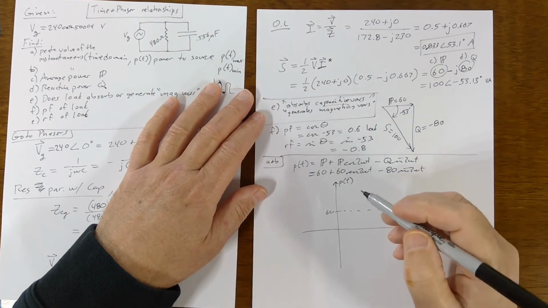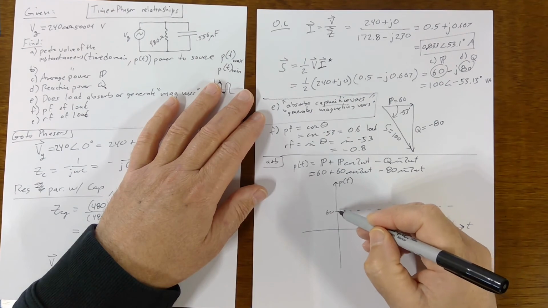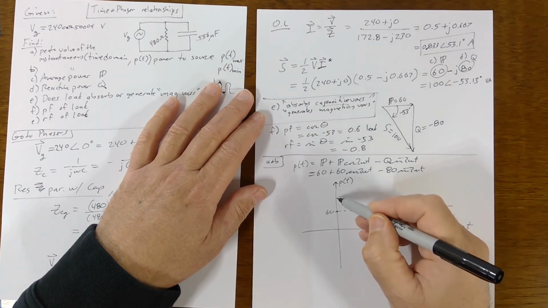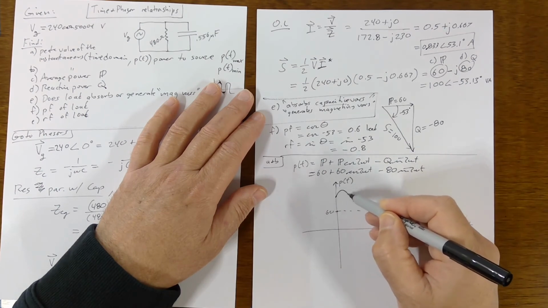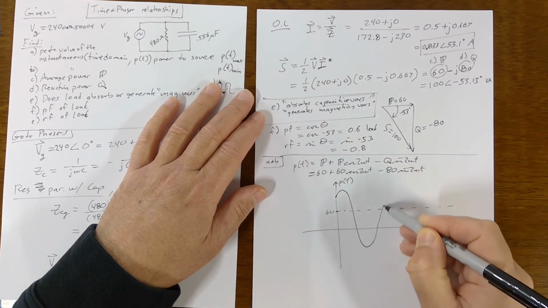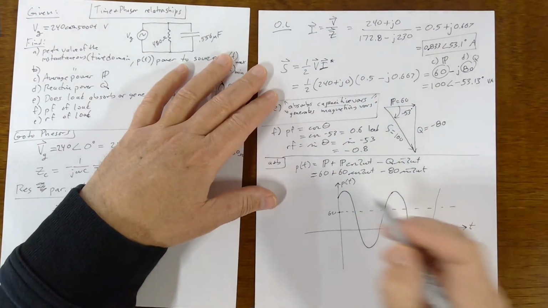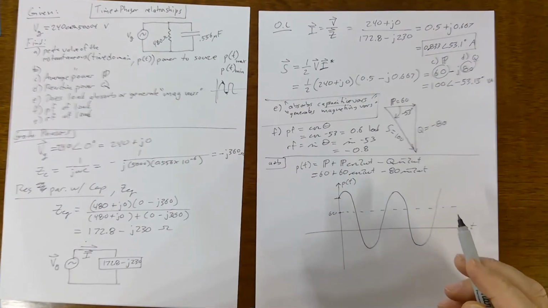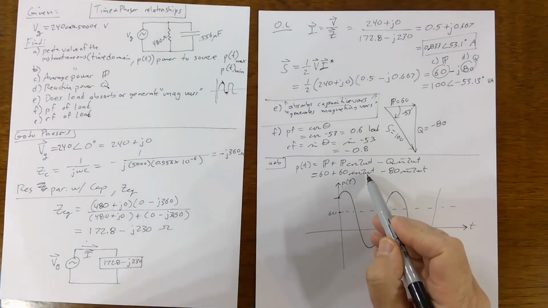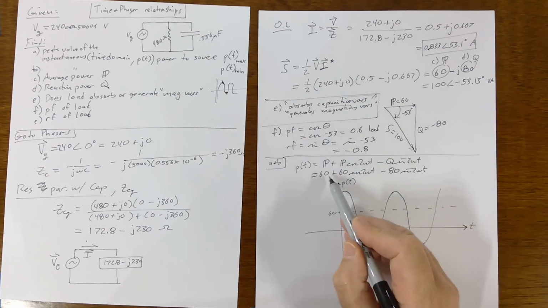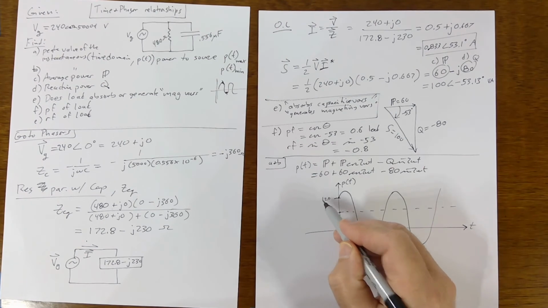Then there's a sine wave. No, it doesn't start at 60. There's a sine wave, right? Let's put it there. And at 0, this term will be 1, and this term will be 0, so it'll be 60 plus 60, which is 120 at 0.